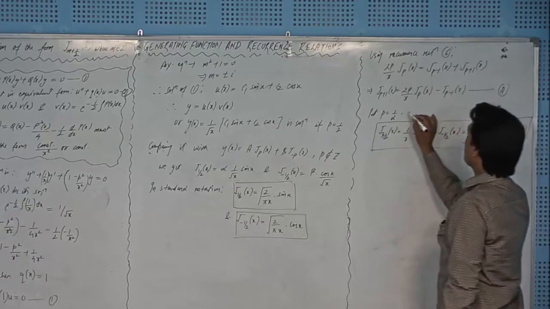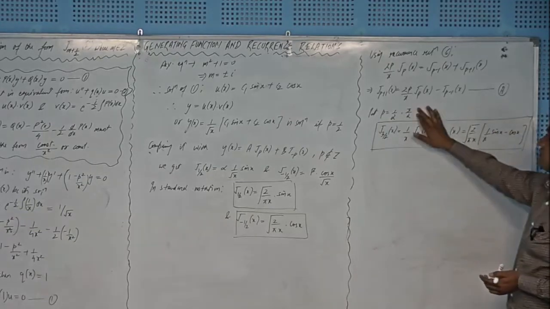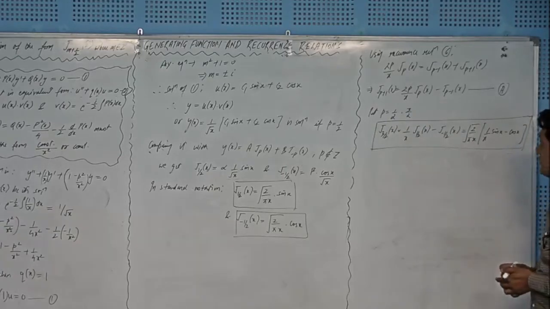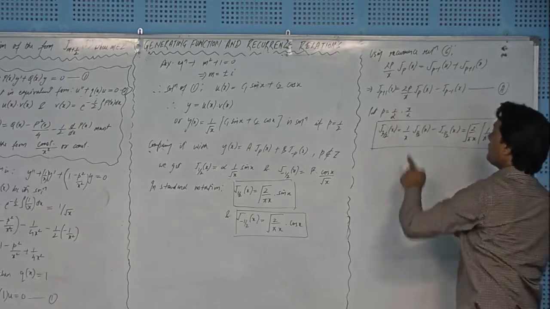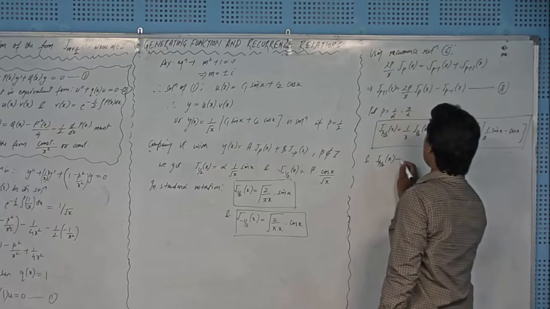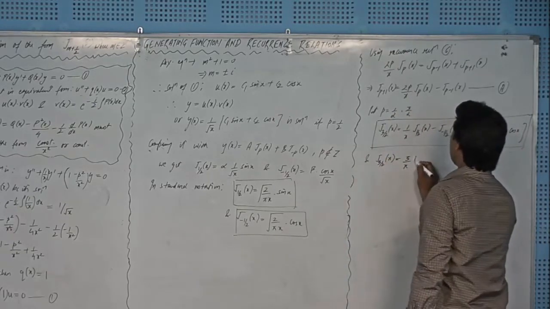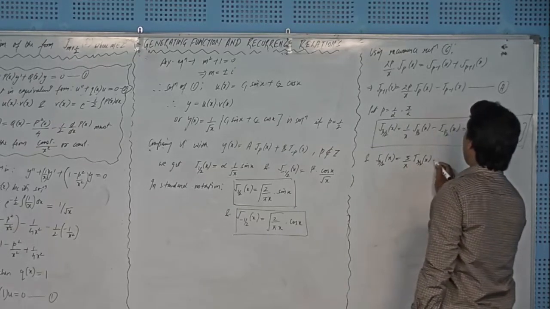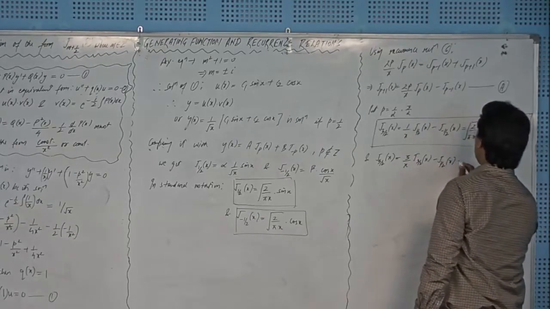And similarly, if you put p equal to 3 by 2, right? Note that only fractional values of p are allowed, especially odd multiples of half. So putting 3 by 2 here, you will get J_{5/2}(x) equal to 3 by x, J_{3/2}(x) minus J_{3/2-1}, that is J_half(x).